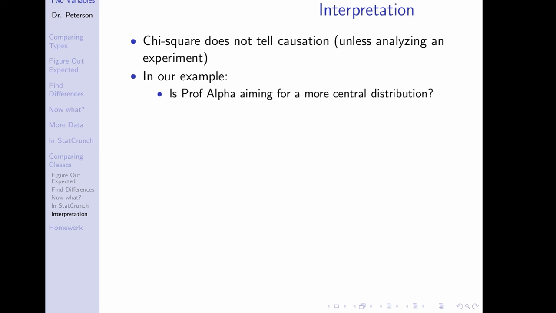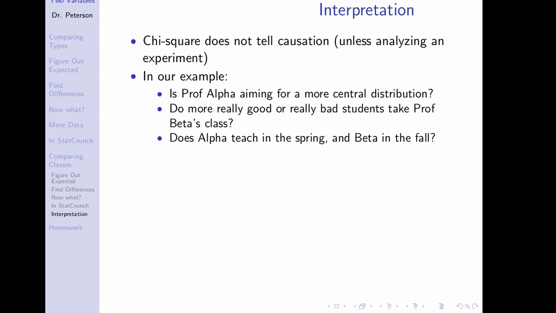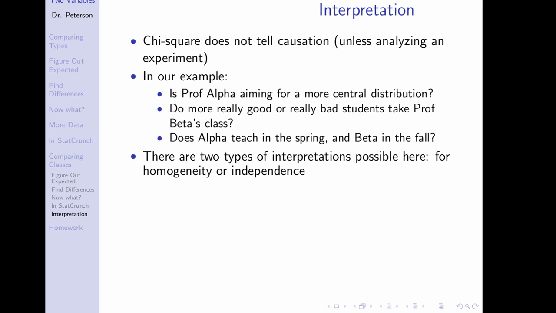He or she may want to give out more B's and C's. Or it's possible that really good and really bad students take Professor Beta's classes. For some reason, maybe those students are drawn into Professor Beta's class instead of Professor Alpha's class. It's also possible they simply teach in different semesters. If Alpha were to teach this class in the spring and Beta in the fall, maybe there's a different type of student taking the course.